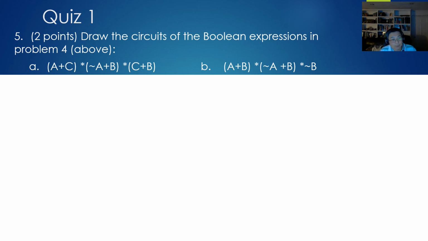Now here's question 5. Draw the circuits of the Boolean expressions in problem 4. Now, I have a 4A and a 4B here. So I just copy the two expressions over here. So that's 4A, that's 4B.